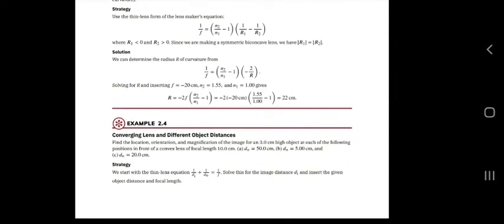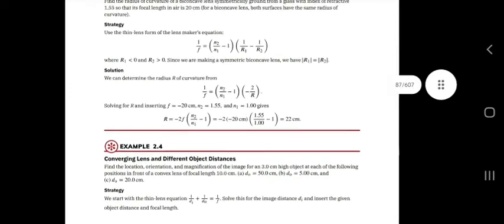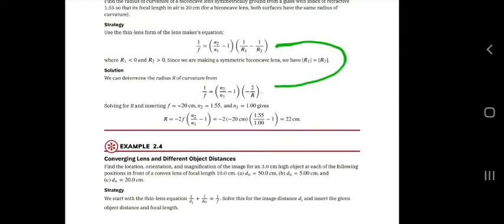So from this equation we can determine the radius of curvature. So 1 over focal length is equal to, as I said, they are the same here, so it becomes negative 2 over r.